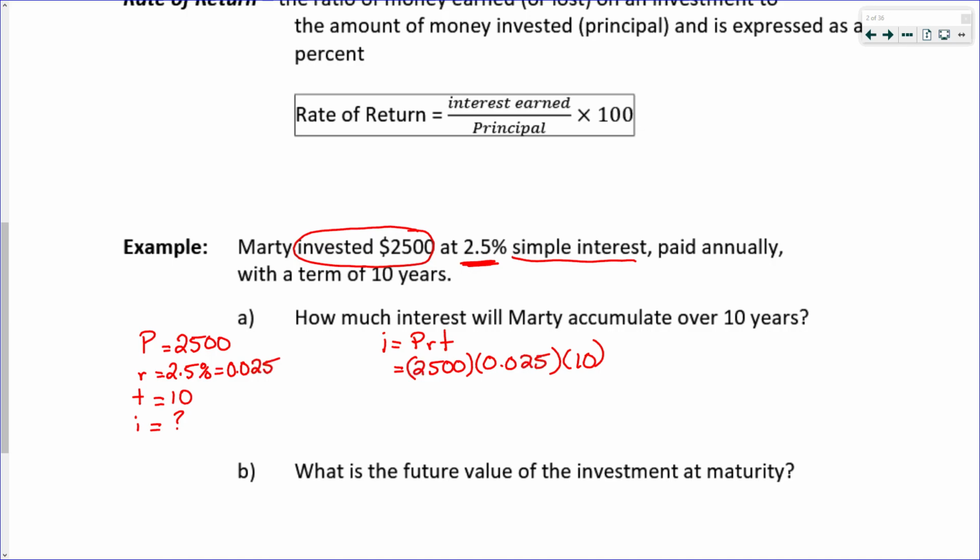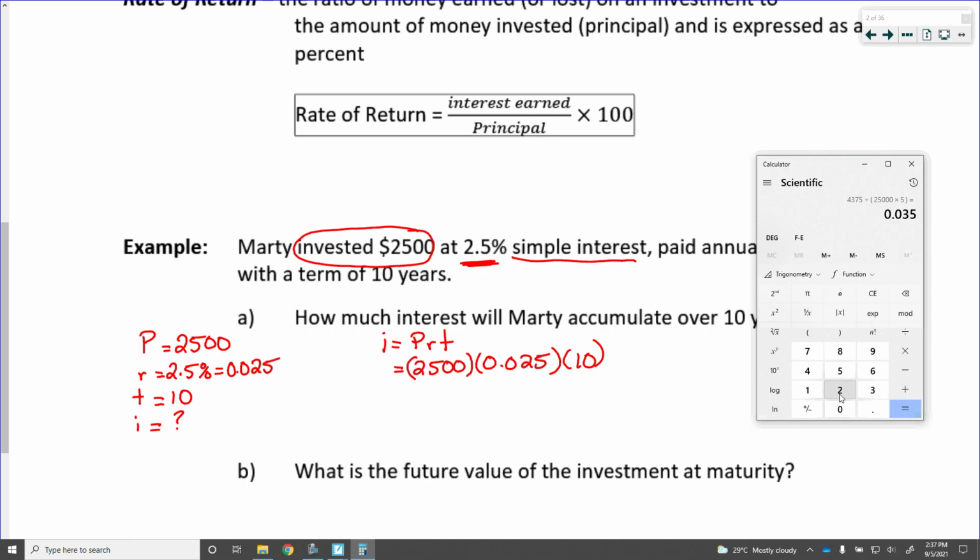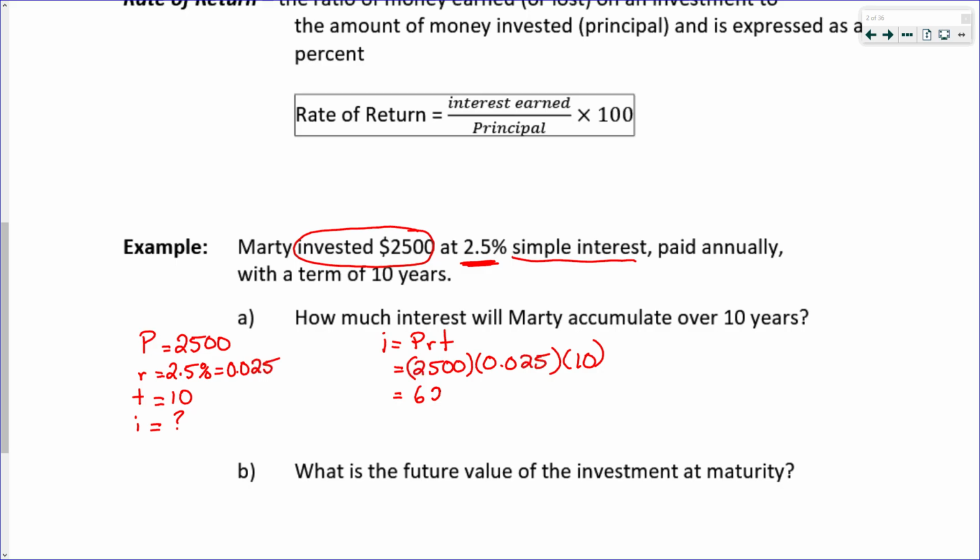Once I have all that, I'm going to take my calculator and punch it in. So I've got 2,500, I'm going to times that by 0.025, and times that by 10. And I got 625. And that finishes that problem.